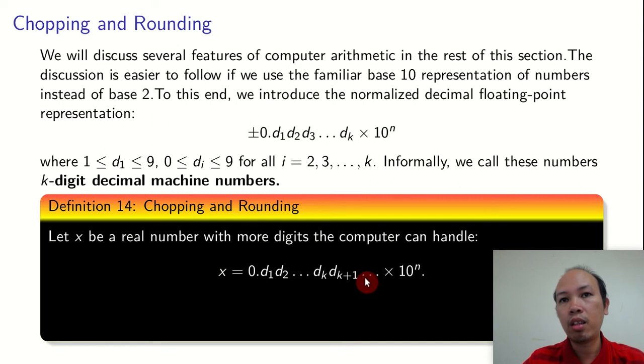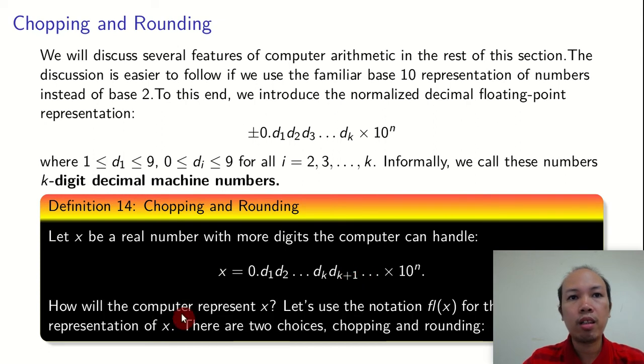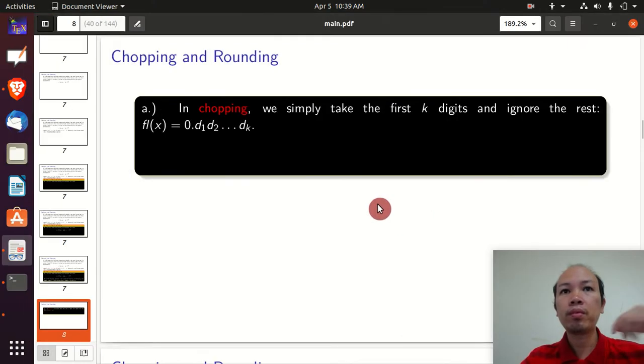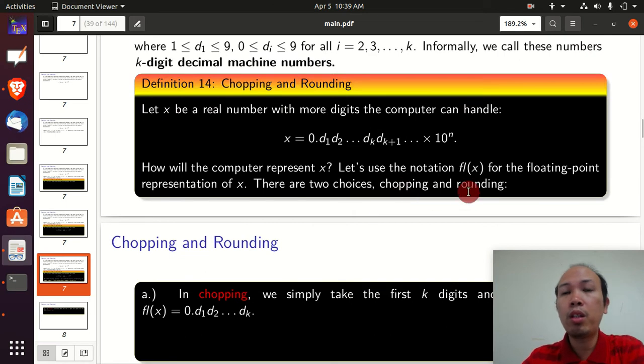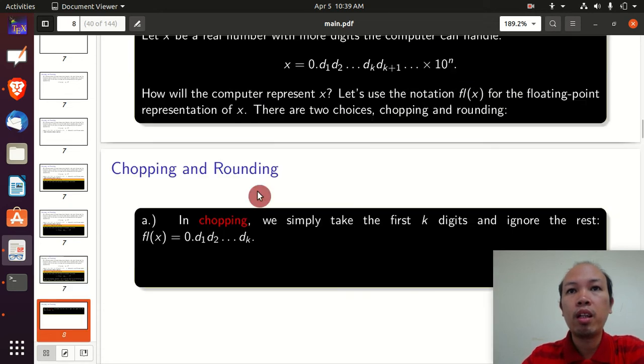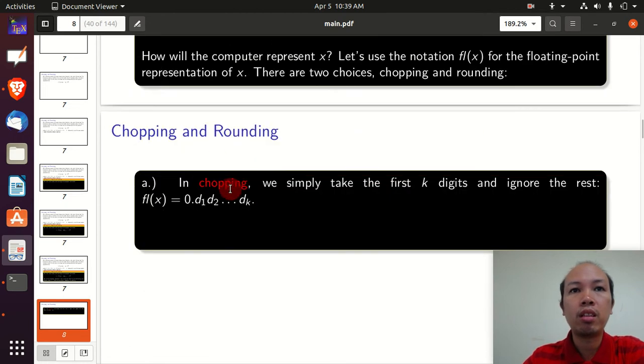This notation, the 3 dots, means your computer holds more digits. And the question is, how will the computer represent x? We will use the notation FL of x, which represents the floating point representation of x. And for chopping and rounding, this is the definition.